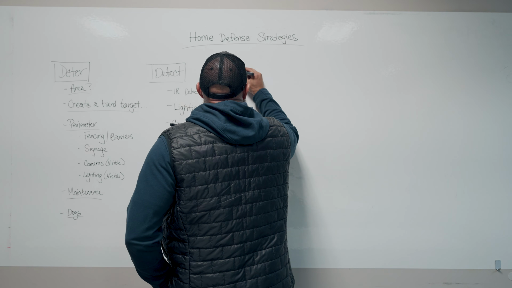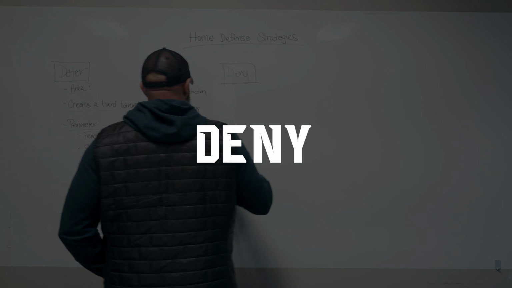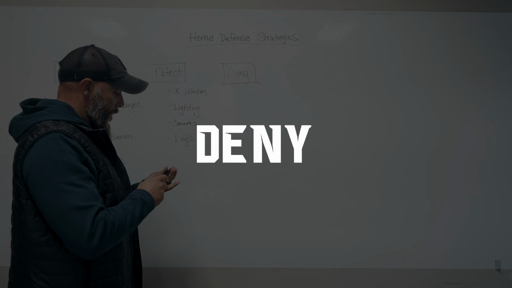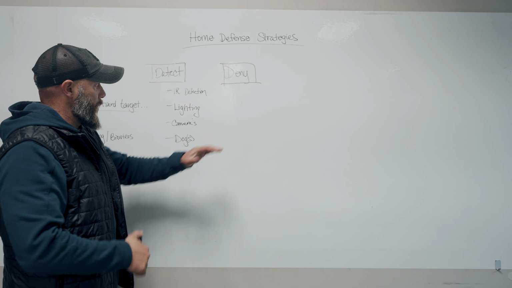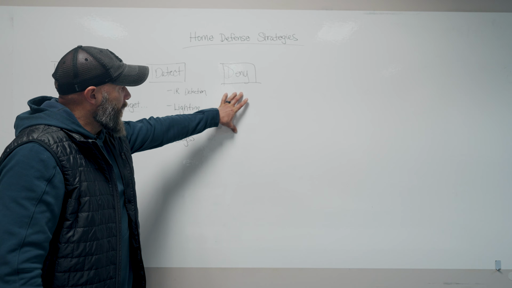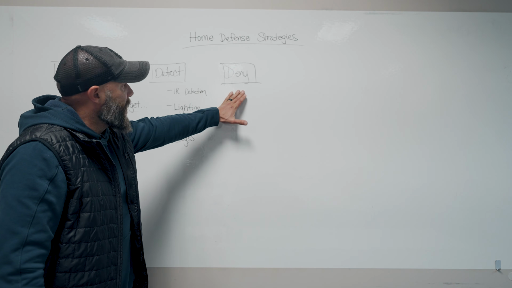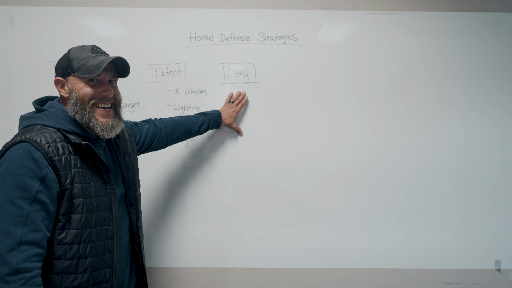The next component would be what I call deny or denial, right? And within that specific context, I want to put things in place that give would-be opposition the idea that they are going to be denied access.